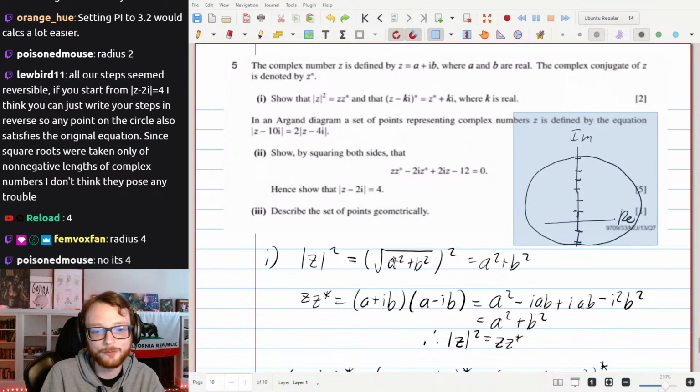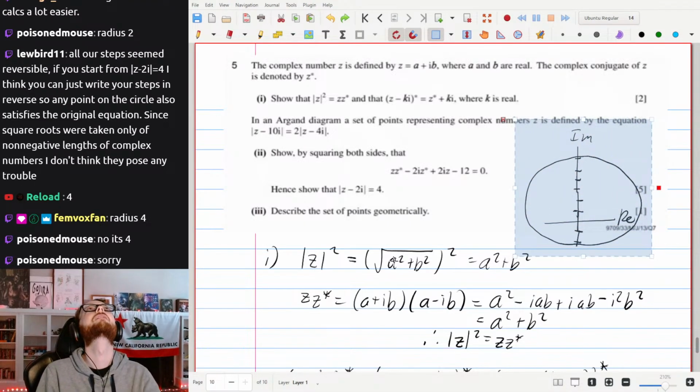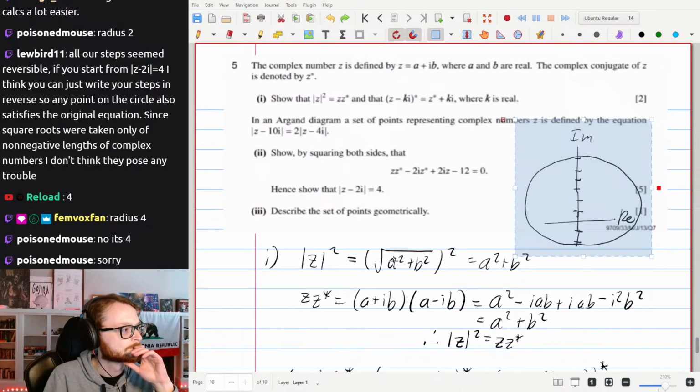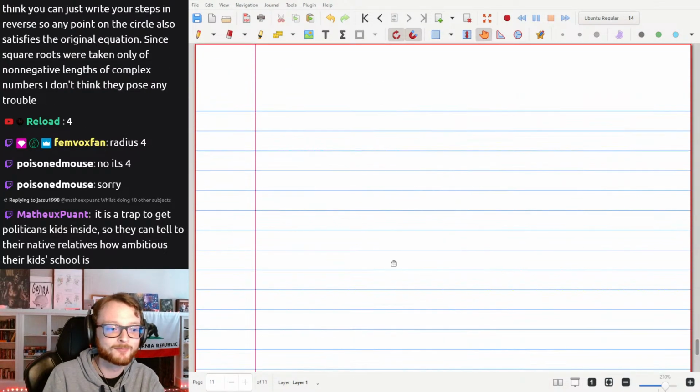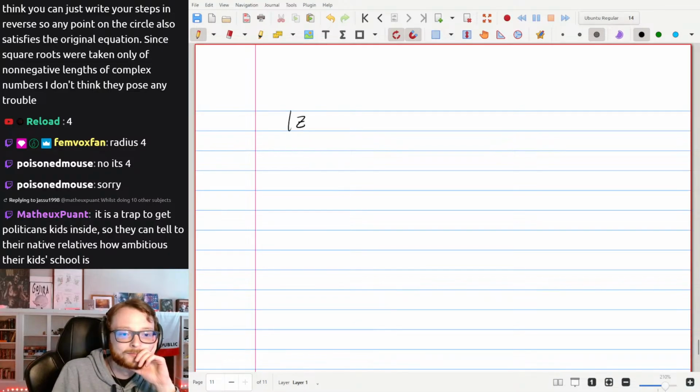Reload is saying radius 4? Oh. Okay, it's radius 4.